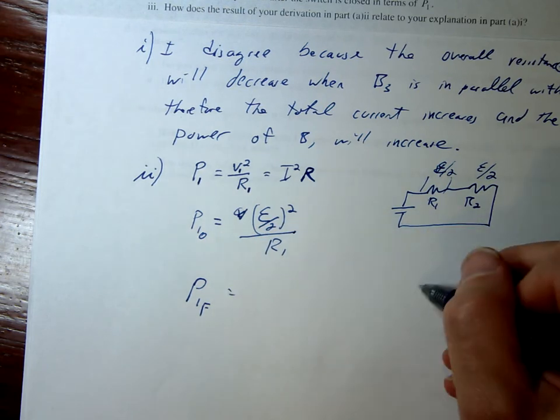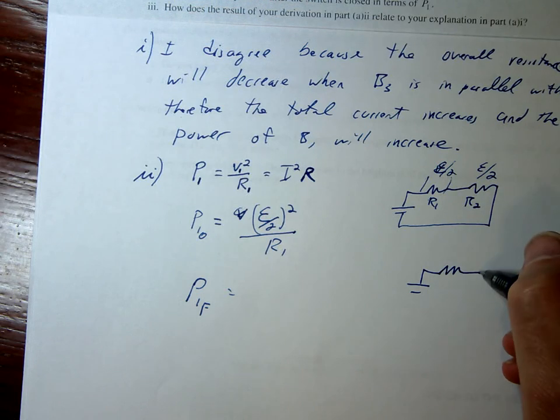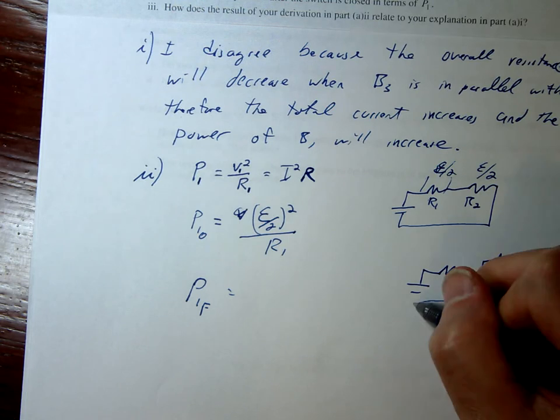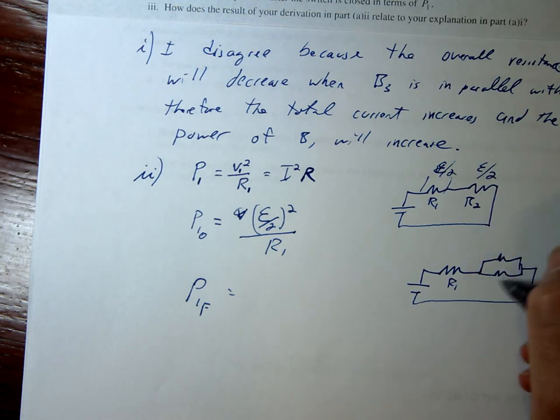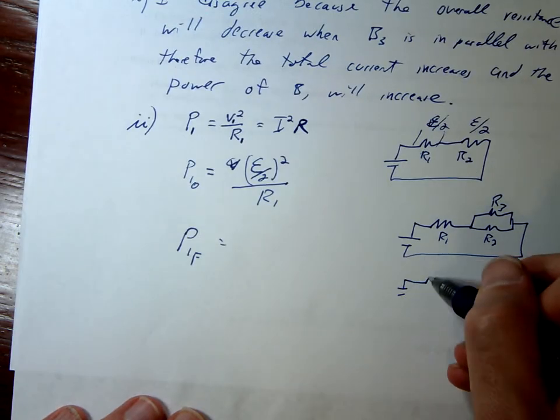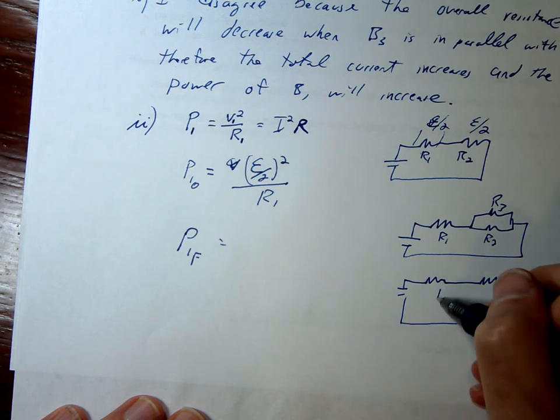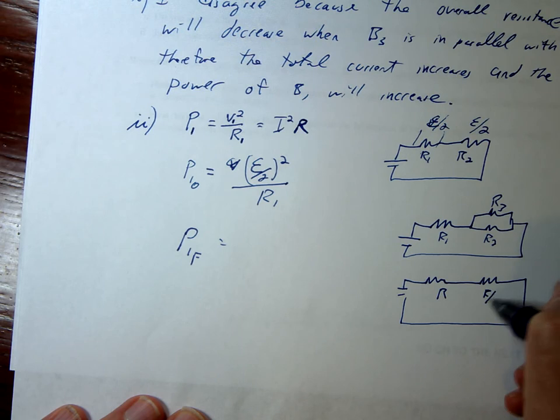So that's going to be this situation. That's R1, right? R2, R3, actually these are all the same. So this will be R. This is a parallel circuit, so this would be R, and this would be R over 2.